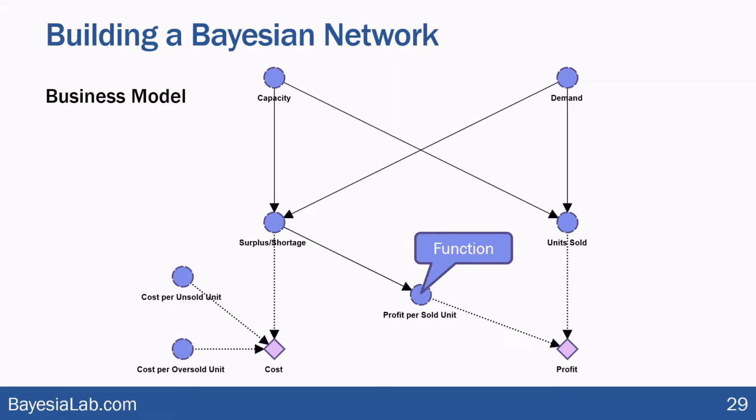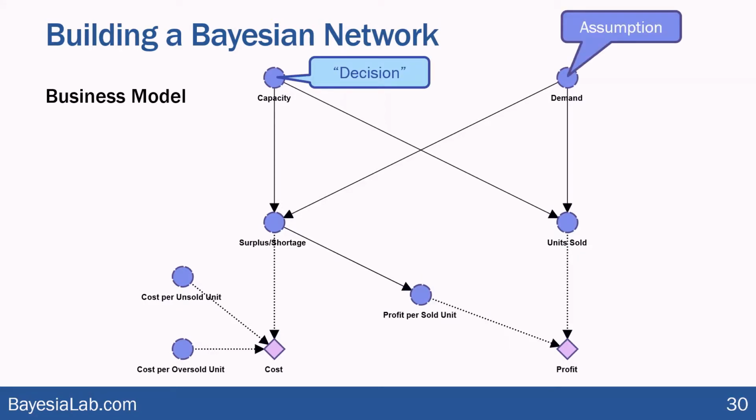Obviously, thinking that the fewer units we have, or if there's a shortage, then perhaps prices go up and we can be more profitable. Obviously, there are many more dynamics that we could capture here, but I'll leave it at that. But again, back to the assumption of demand and the decision of how many units to plan.